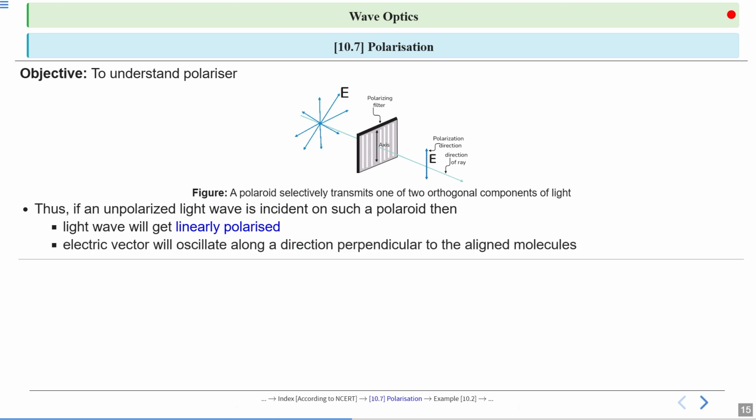So the electric vector will oscillate along a direction perpendicular to the aligned molecules. Oscillations of the electric field vector along the aligned chain molecules will be absorbed, and those perpendicular to the aligned molecules will be transmitted.